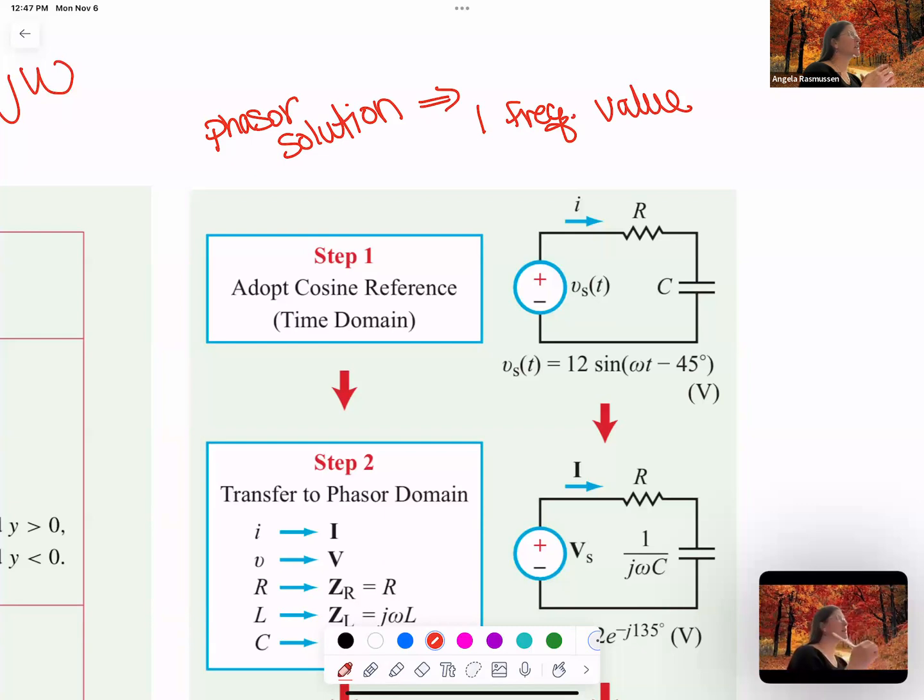It could be any frequency input, any complex portion of an input. That was the strength of the Laplace. We weren't limited, whereas phasors are limited to one specific value. What we're going to look at for phasors is that it's usually an easier solution to get to, though. And we're going to look at it in the power to get the component values we want. That's why we're going to use this technique.